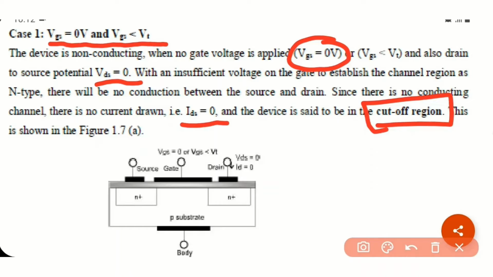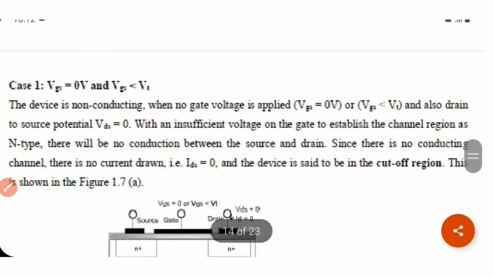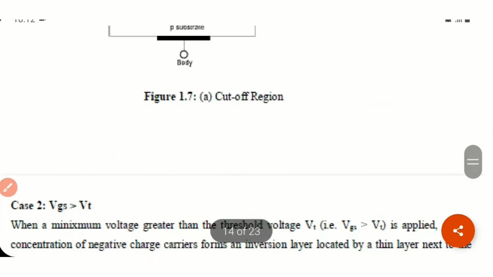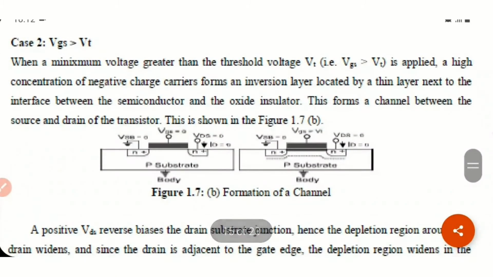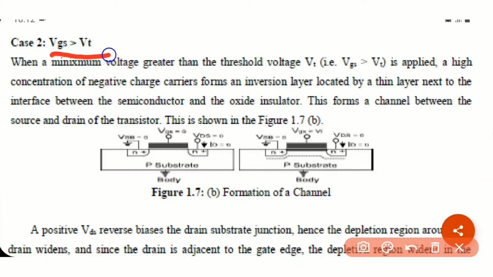Because that voltage is 0, your IDS is 0. Clear? So IDS is 0, and in this case your MOSFET will be in cutoff region. So let's move forward. Second case. In the second case, your VGS is greater than VT.